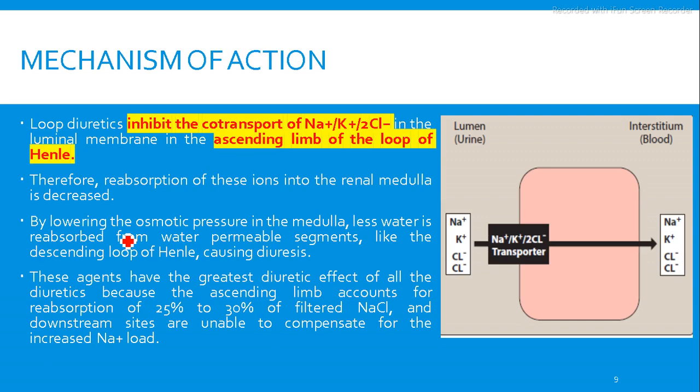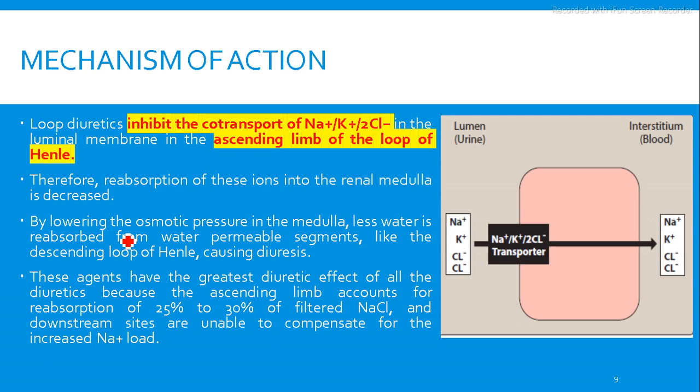Particularly in the case of loop diuretics, they block the transporter of sodium, potassium and 2 chloride, and it is a co-transporter. That means all of these ions, the sodium, potassium and the 2 chloride ions, are traveling in the same direction, from the inside of the tubule to the outside of the tubule.